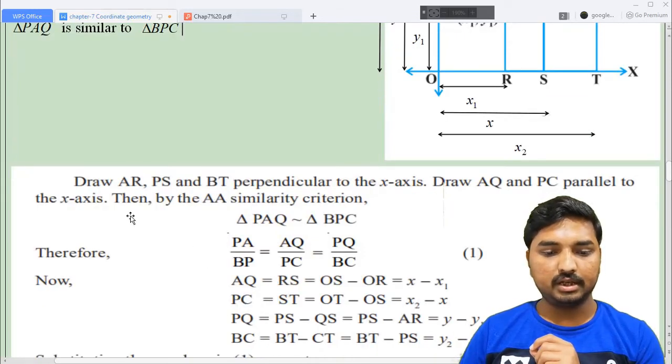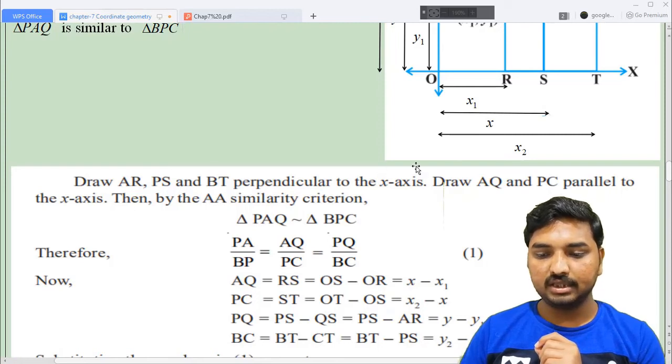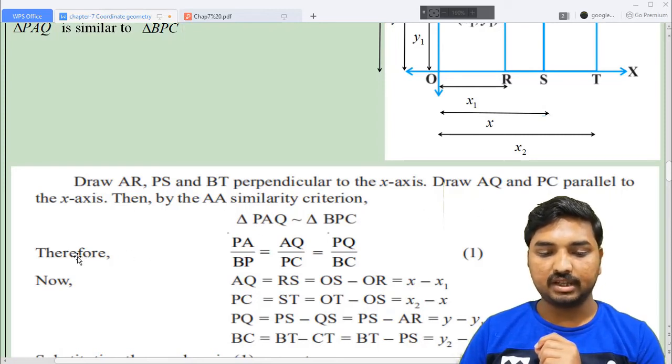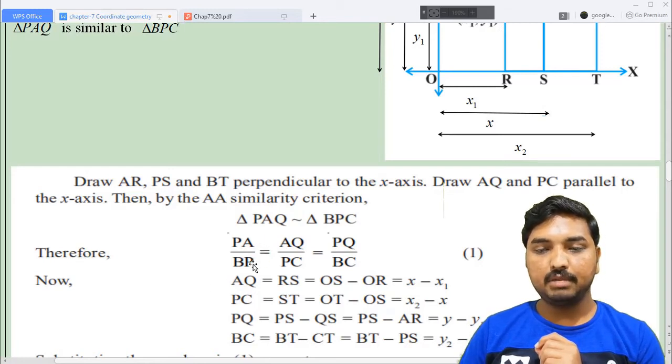I have written all these sentences already, so don't write these sentences again, I'm going to continue from here. Therefore, PA by BP is equal to AQ by PC is equal to PQ by BC.